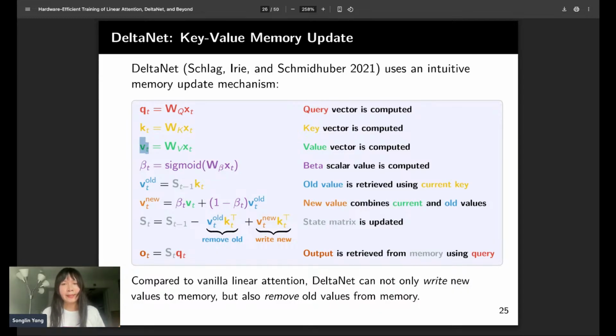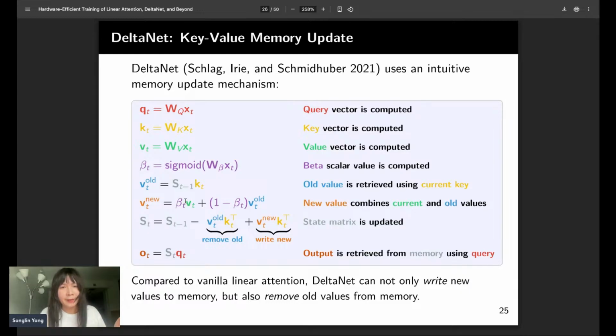And in DeltaNet, we also have another linear projection mapping the input token to a scalar value, and we apply the sigmoid function to restrict this value to between 0 and 1. This beta_t could be imagined as the writing strength of the current input.